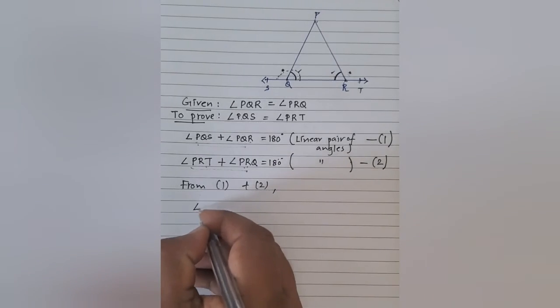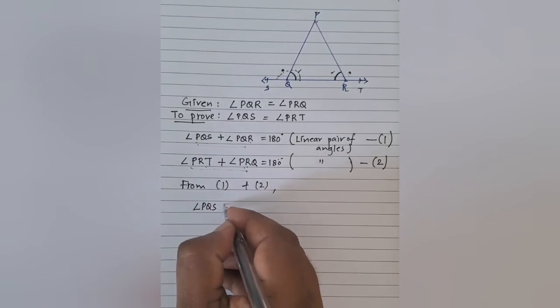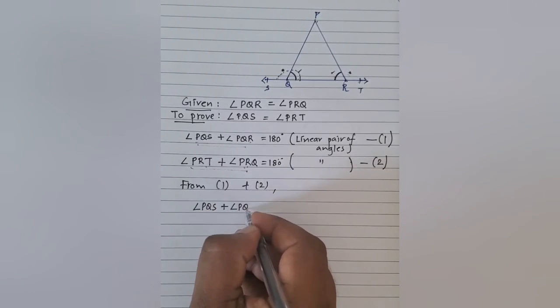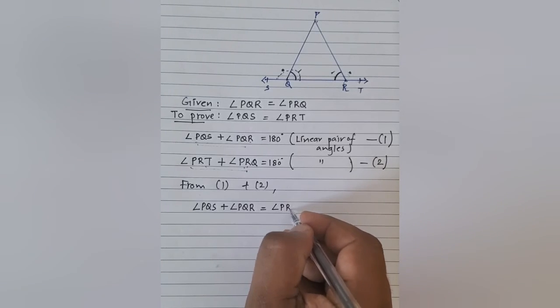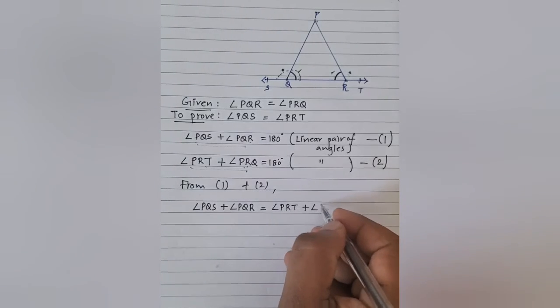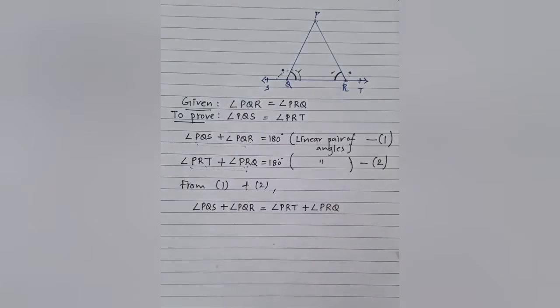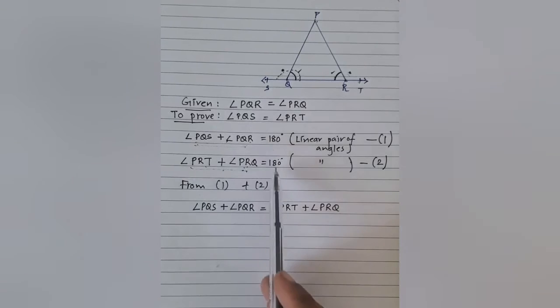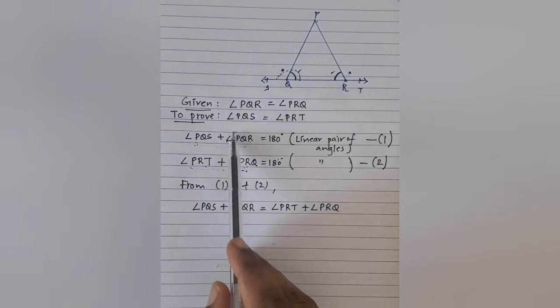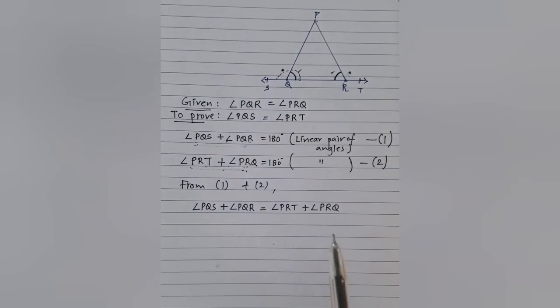So angle PQS plus angle PQR is equal to angle PRT plus angle PRQ. All that I've done is equate the LHS of this observation to the LHS of the other, because both of them are equal to 180 degrees. So this is what we get as of now.